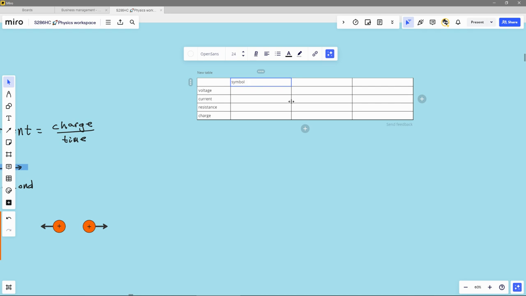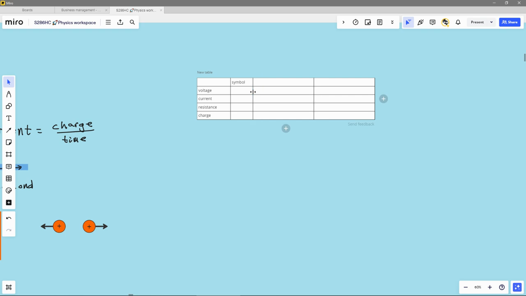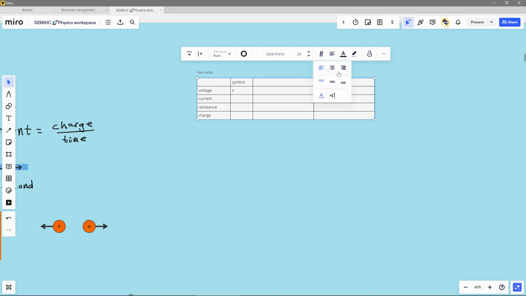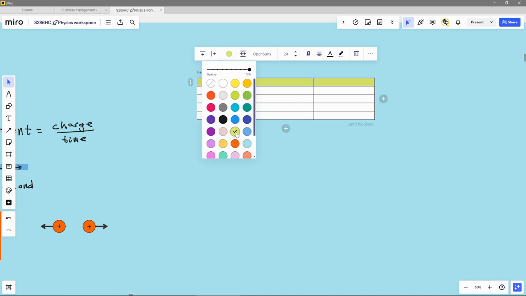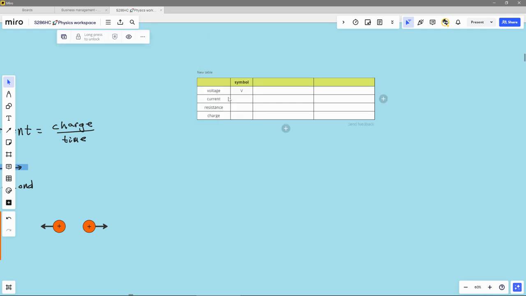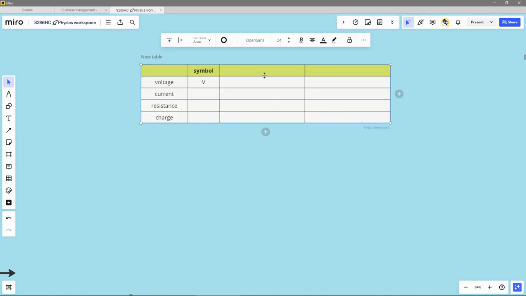Rather than writing the whole word, for example for voltage, we could just write a capital V, because that's the symbol for voltage. I think I might make all this align to the center. And I'm going to make the top row bold and color it in like that. Okay, so that's the symbol for voltage.